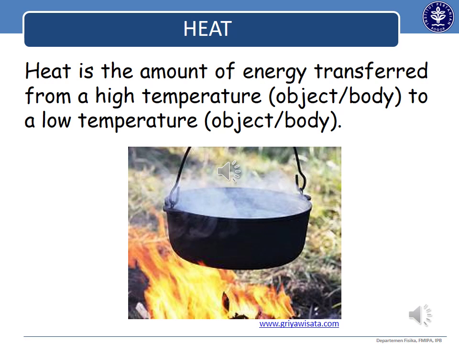So what is heat? Heat is the amount of energy transferred from a higher temperature object to a lower temperature object. If you boil water, the heat is transferred from the flame to the pan. That's why you can boil the water in the pan.